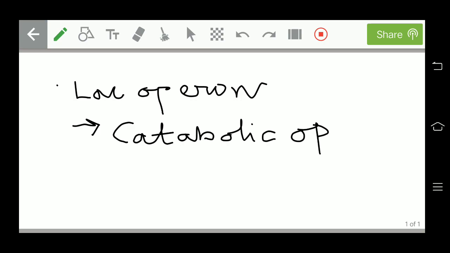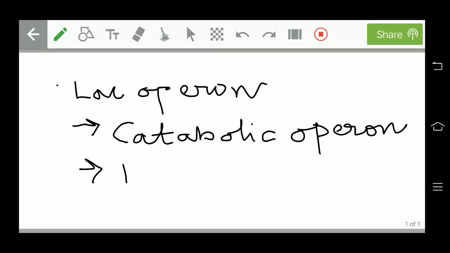Why is it a catabolic operon? It is a catabolic operon because it can only be activated when there is a presence of lactose. If lactose is not there, then it will not be activated, and they are only activated in order to hydrolyze or degrade lactose. So it is a catabolic operon.